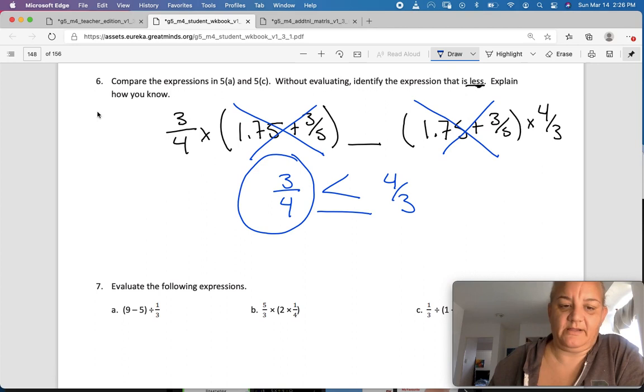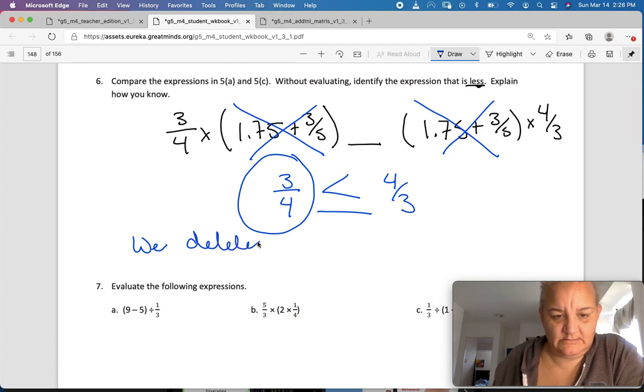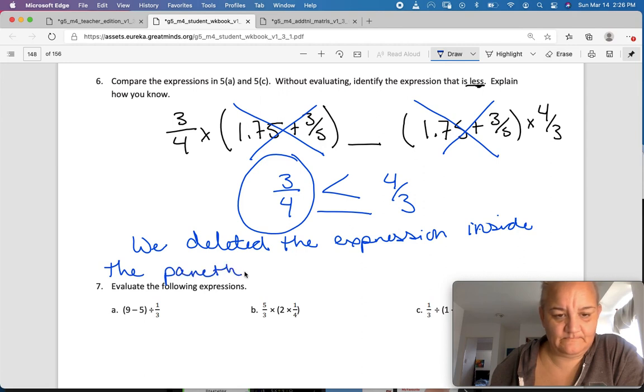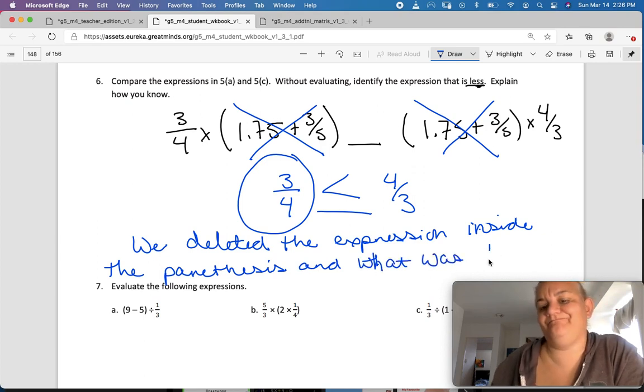Explain how you know. Well, we deleted the expression inside the parentheses and what was left was easy to identify.